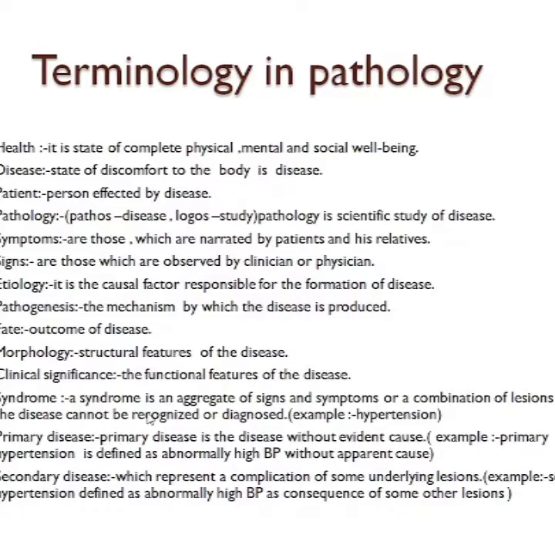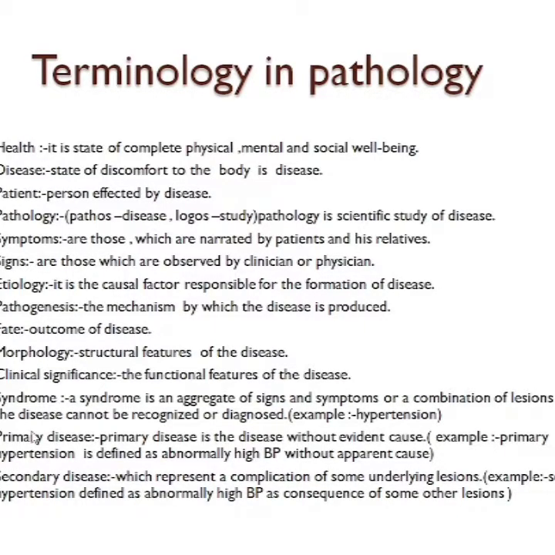Syndrome: a syndrome is an aggregate of signs and symptoms or combination of lesions without which the disease cannot be recognized or diagnosed. For example, hypertension. Primary disease is a disease without evident cause. For example, primary hypertension is defined as abnormally high BP without apparent cause.